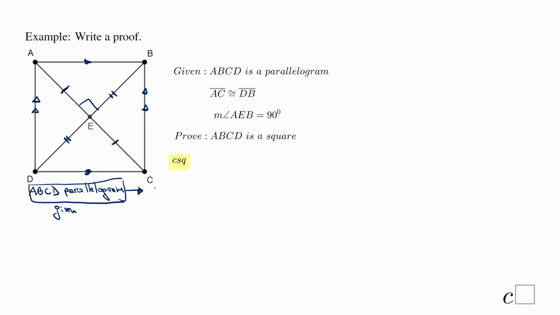So I'm going to say AE congruent to EC. I'm going to put a box here, and I'm going to write here: diagonals bisect each other. And also DE congruent to EB, diagonals bisect each other.